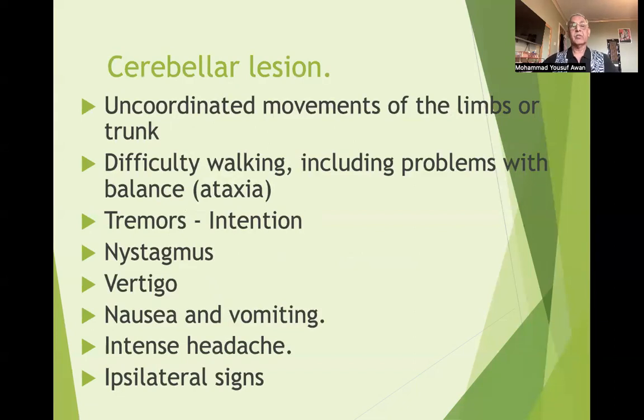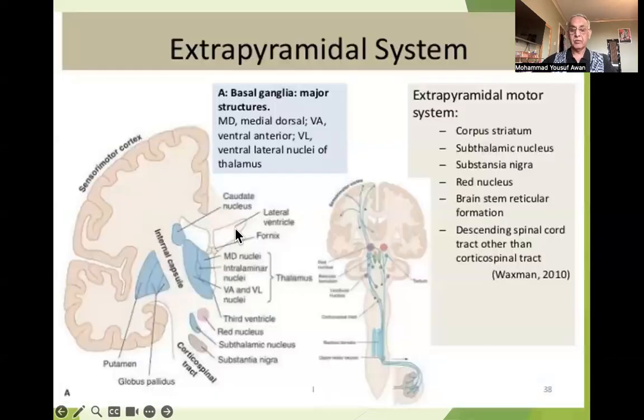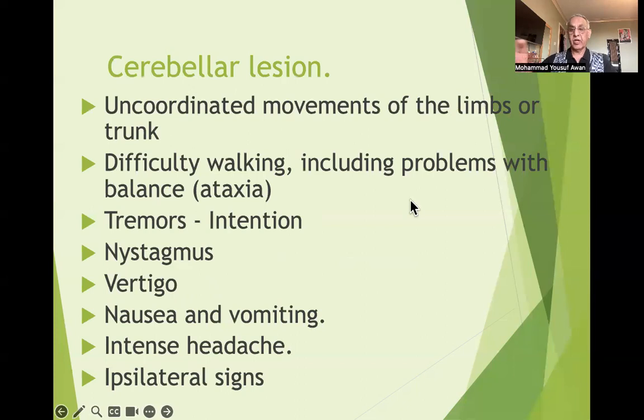So, cerebellar lesion briefly. Any damage to the cerebellum will cause uncoordinated movement of the limb and trunk, difficulty walking, including problems with balance, called ataxia. Tremors, the intention tremor, is typical of cerebellar lesion.